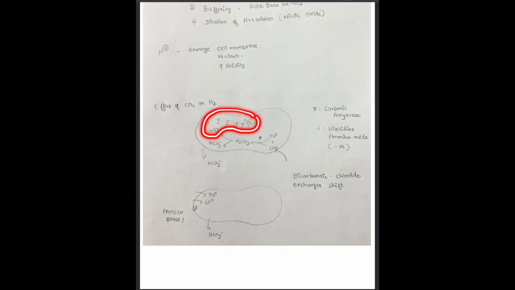In a way, there won't be any increase in hydrogen ion and bicarbonate. And also this carbon dioxide in the membrane also gets combined with the hemoglobin.